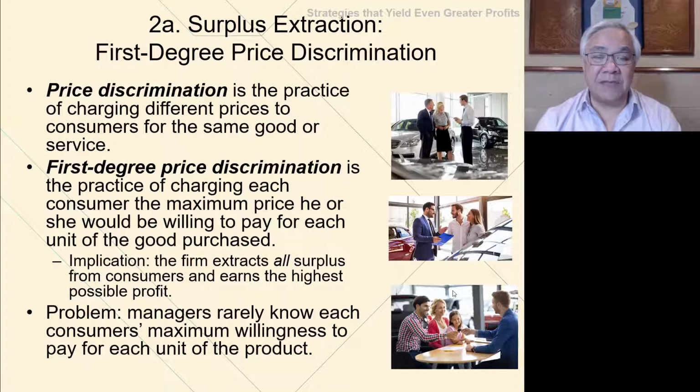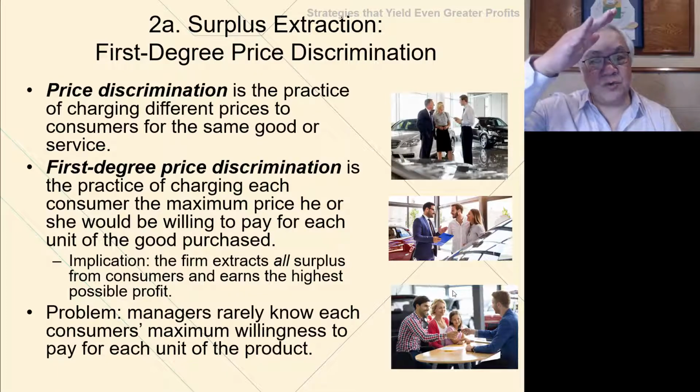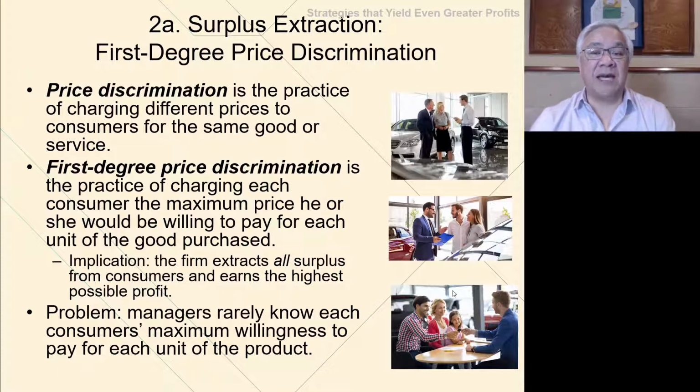So the idea in this particular sense is to try to find the maximum price that that consumer will pay, and therefore you will sell at the maximum price as you walk down the demand curve. And that is what first-degree price discrimination means, where each discrete purchase happens at the maximum price that consumers are willing to pay for that item. And the end result is we extract all the consumer surplus.